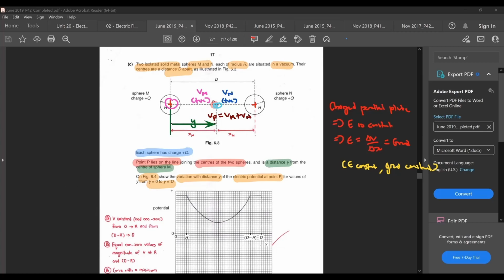One of the things that I did mention to you last time is that when you look at the equation that describes the resultant potential between the two charges, Vp equals Vm plus Vn, because this is positive and this is positive, there are two things that you will usually be able to conclude.